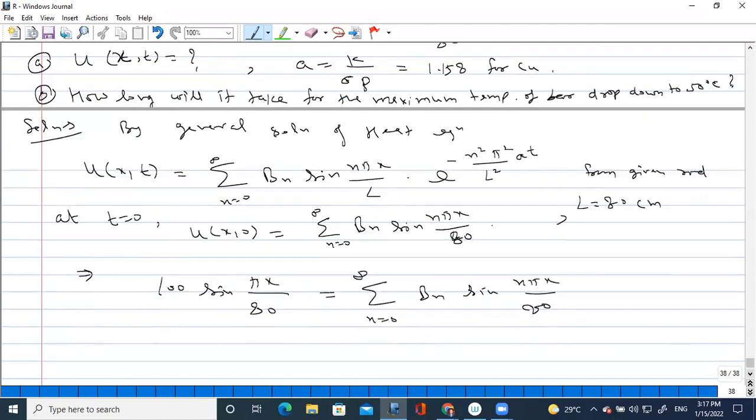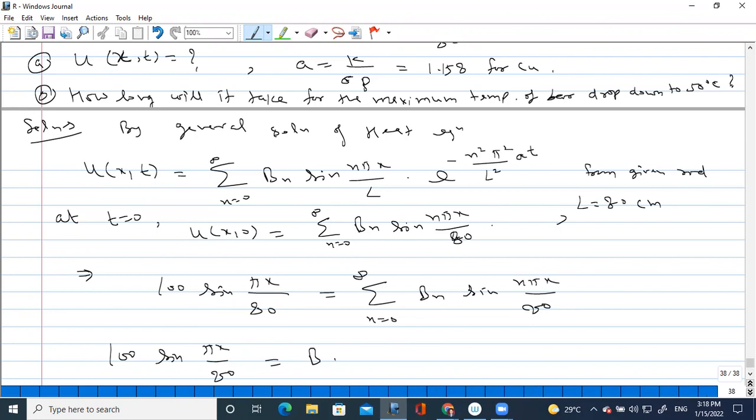Now what you have to do? You have to compare on both sides. Now how can I find out this? On the left hand side you can write 100 sin(pi x by 80). On the right hand side, which term will it be? Here if you put n equal to 1, then it will become sin(pi x by 80), so this will be b_1.